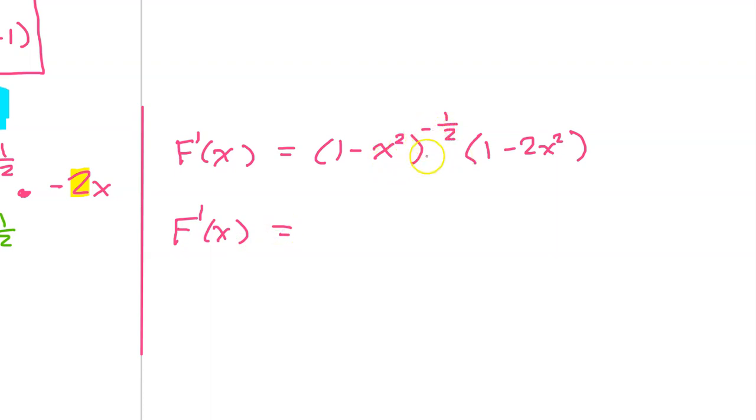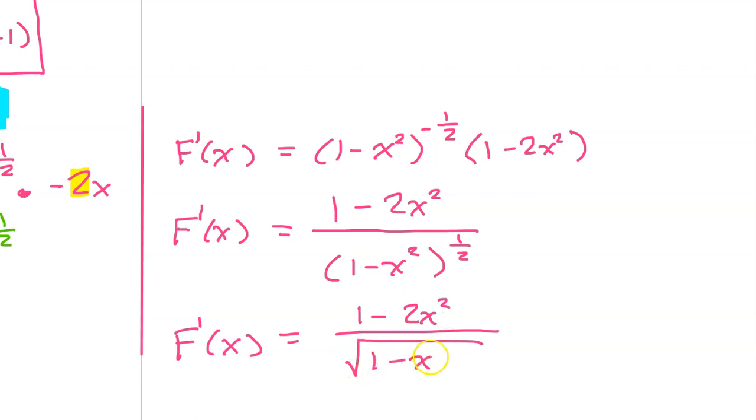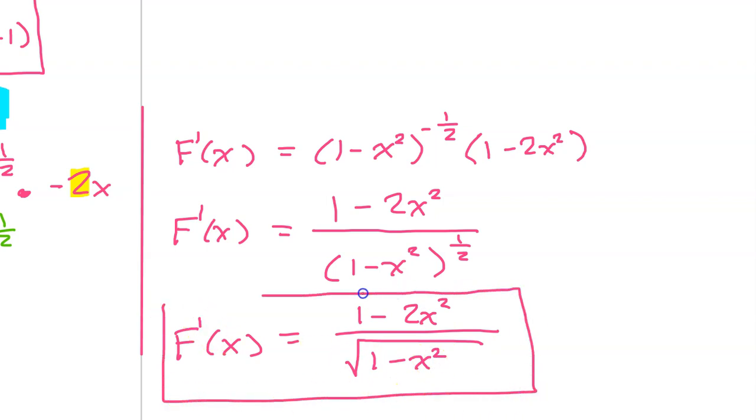So I see the negative exponent here, so I will drop this down to the denominator, and I will have 1 minus 2x squared in the numerator over 1 minus x squared to the positive 1/2 power. I might also go ahead and write this denominator using a square root. So I will have 1 minus 2x squared over the square root of 1 minus x squared. So this is how you might see it on a multiple choice question.